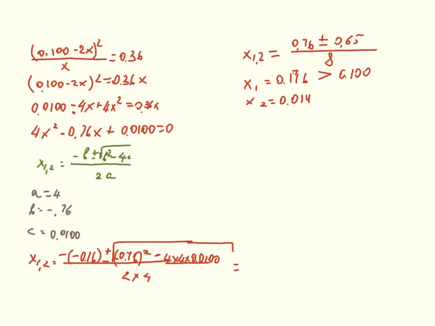As far as the reaction proceeds backward, hence the equilibrium concentration cannot exceed the initial concentration. We have to exclude it. We reject this root. So the only root which we need to accept is the second one.